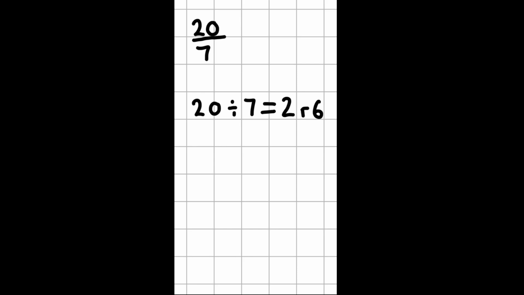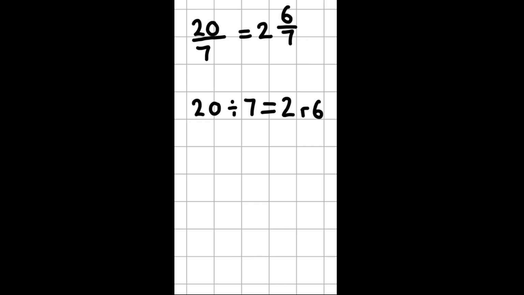So that's 2 7s and a remainder of 6. So what this means is that the integer is 2, the numerator is the remainder of 6, and the original denominator remains the same. So 20/7 is equivalent to 2 and 6/7.